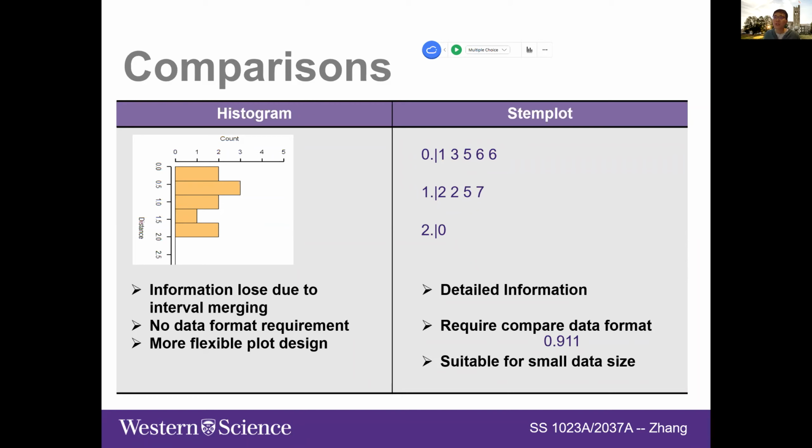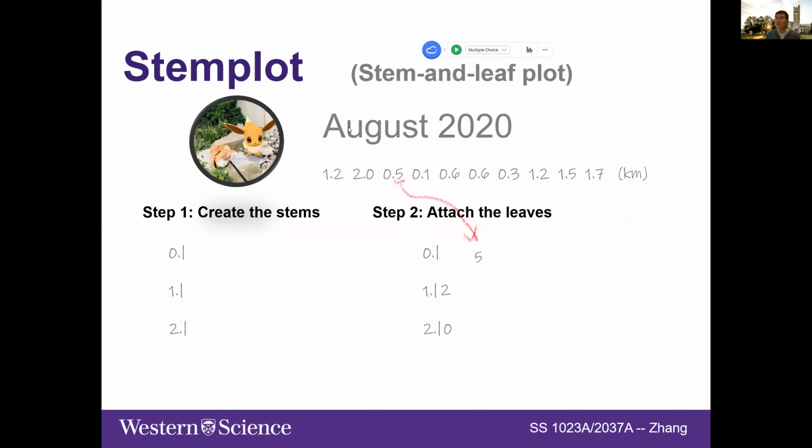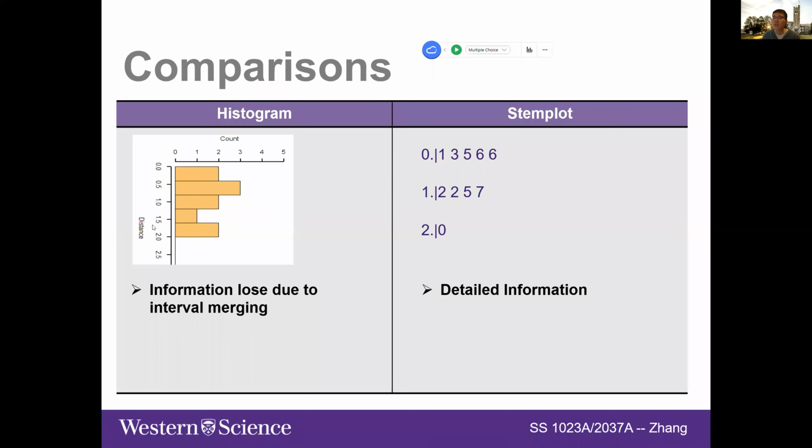But as you can imagine, if I want to describe a lot of months, not just the month of August, say I want to describe the walking distance of every month in 2020 and also 2019, we will end up with a lot of plots like this, and they will take a really large space, because both the histogram and the stem plot take a really large space.